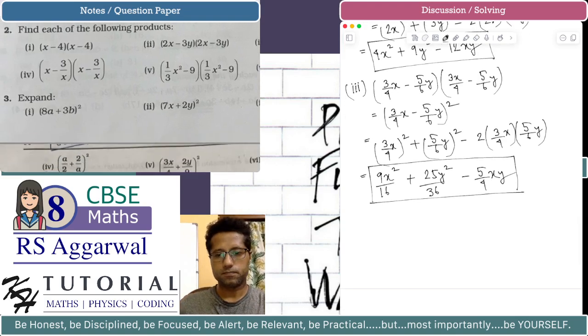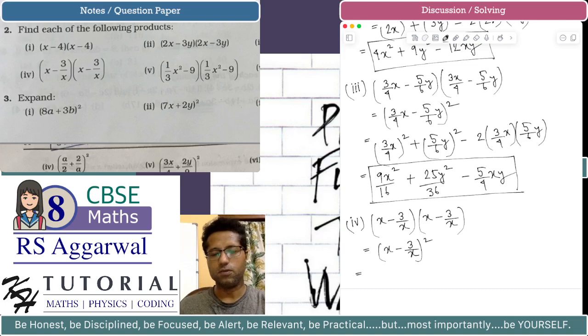Part 4, x minus 3 by x multiplied by x minus 3 by x. So this is equal to x minus 3 by x whole square.